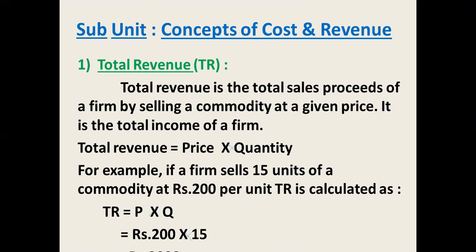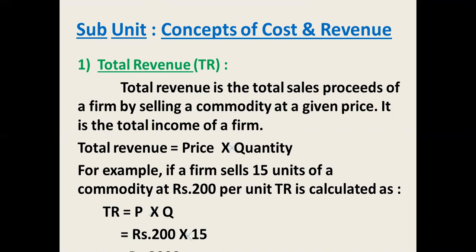For example, if a firm sells 15 units of a commodity, that is, the producer has produced 15 units available for sale, and the price per unit is 200, then the total revenue TR is equal to P multiplied by Q. P means price and Q means quantity.